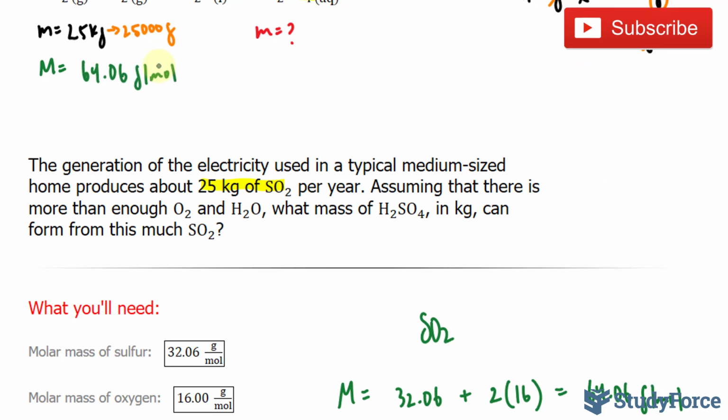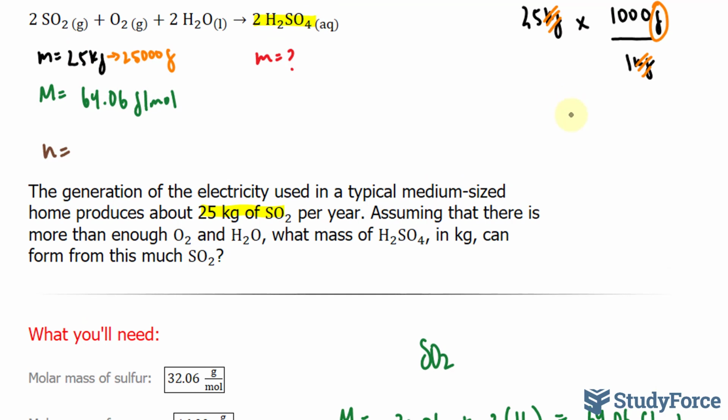Now, using these two numbers, I can actually find out the number of moles. I'll represent that with the color brown, and I'll use the letter N. Now, how do I go from mass and molar mass to moles? It's not hard, actually. I'll take the number 25,000 grams and multiply it by the flipped version of this number.